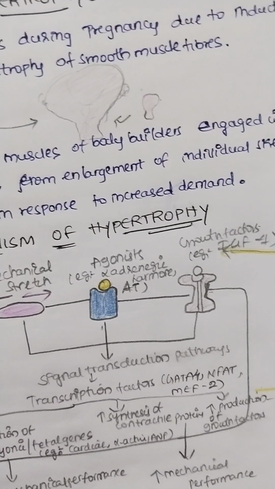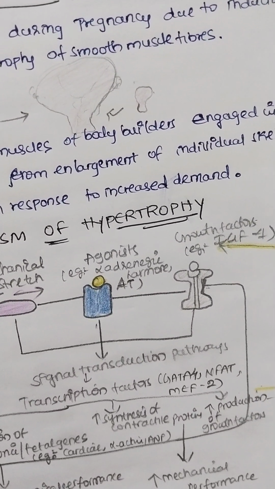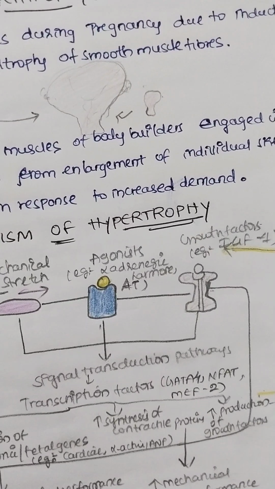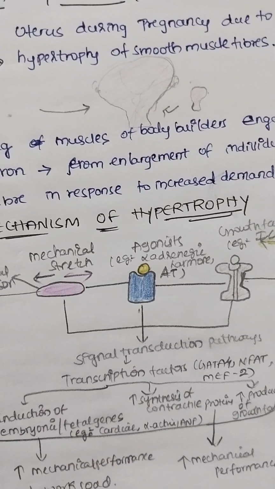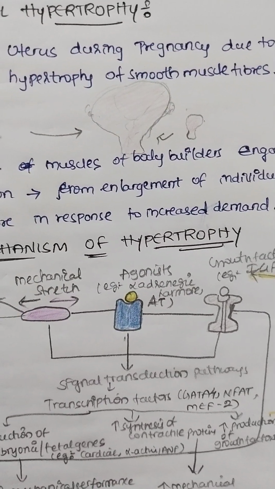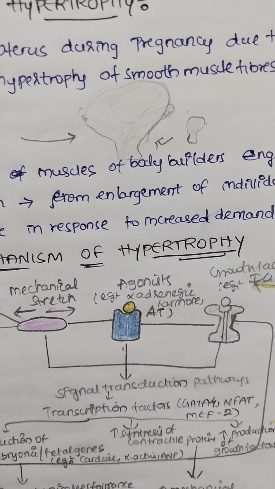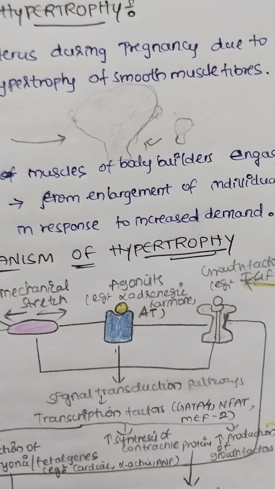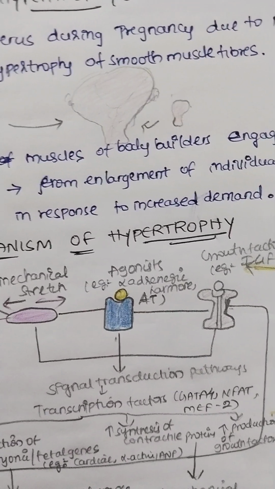If insulin-like growth factor is there, it will lead to an increase in the production of some other growth factors. In some conditions, instead of the alpha receptor being activated as it normally should be, some alteration will be seen and beta receptors will get activated.